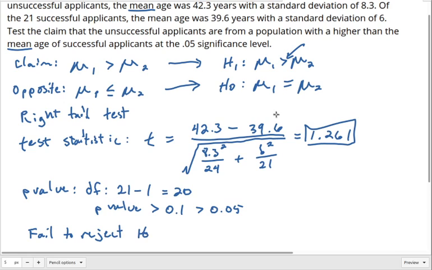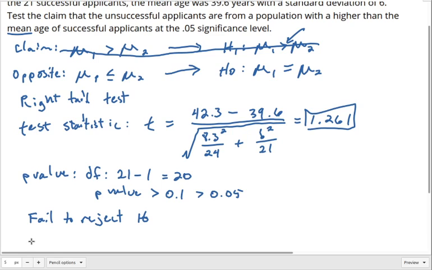And if I fail to reject the null hypothesis, I'm going to go ahead and cross this other one out, because I didn't reject the null hypothesis, and that means the opposite of my claim is possible. So there is not enough evidence to support the claim based on this sample data.